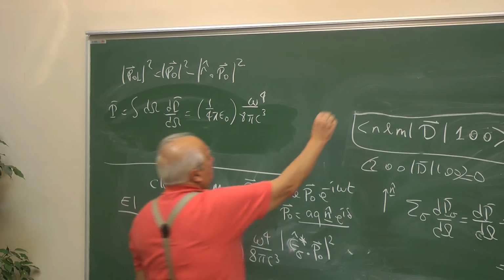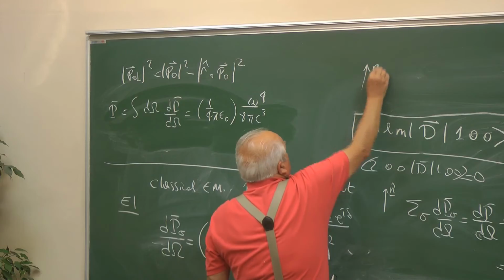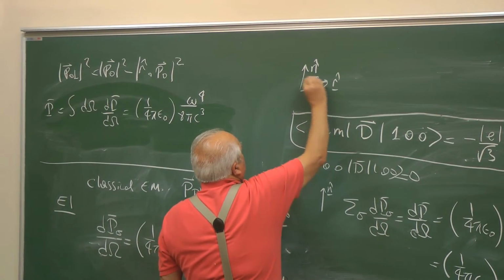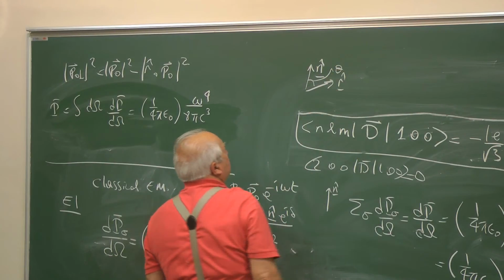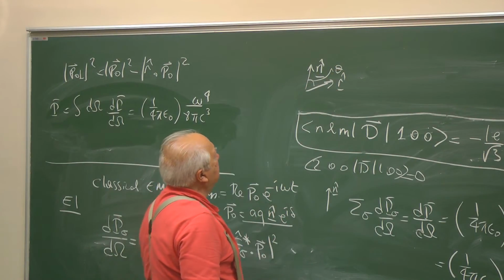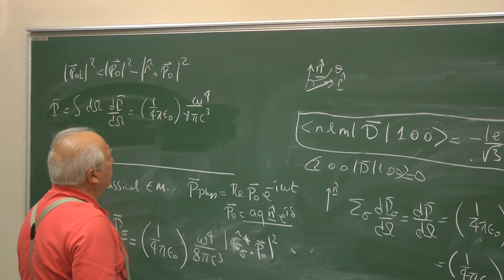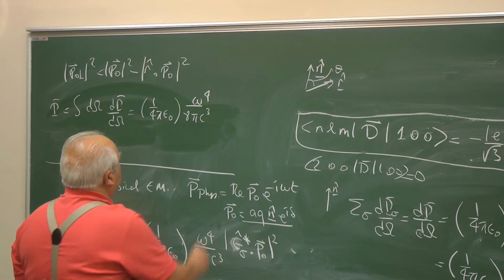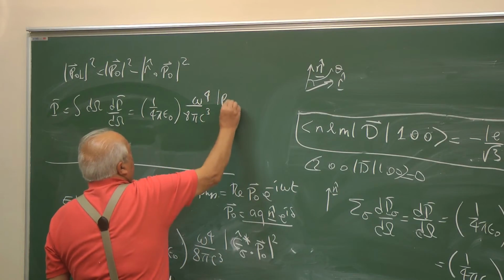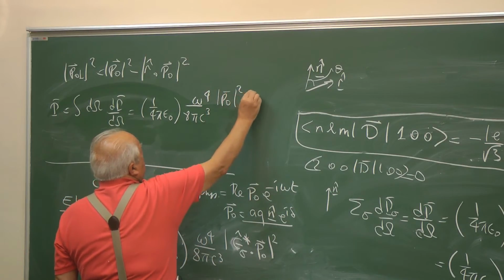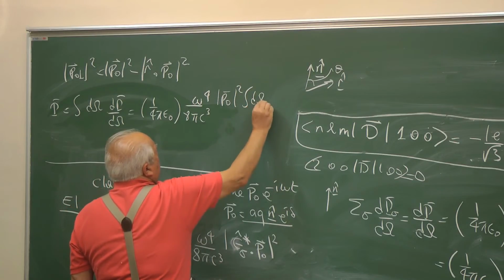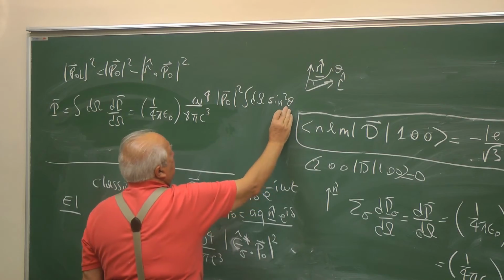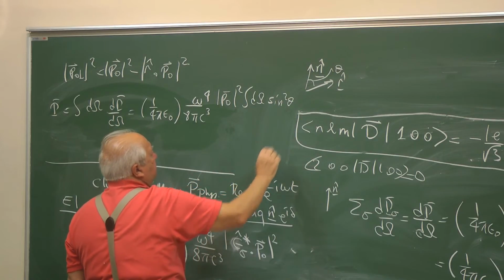Now, if this is n, and if this is r, and if this is the angle between, namely we take n as the polar axis, if you wish, then we have P0 square times the integral d omega of sine squared theta.